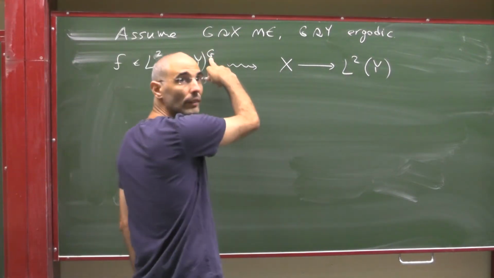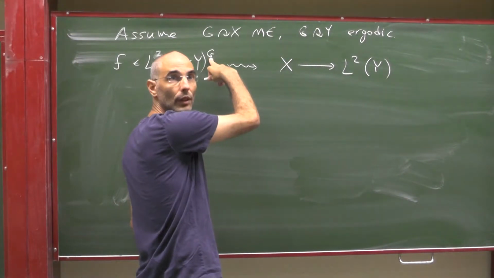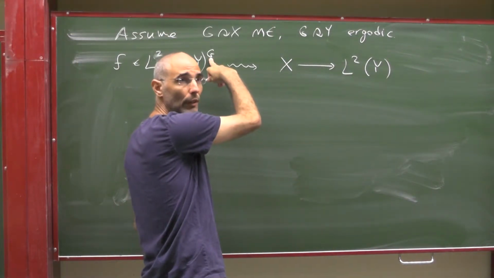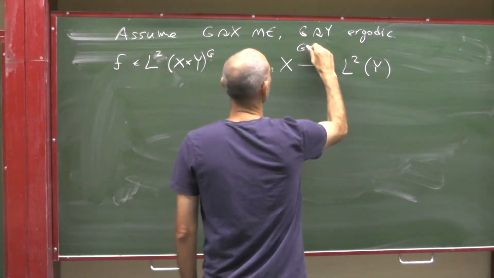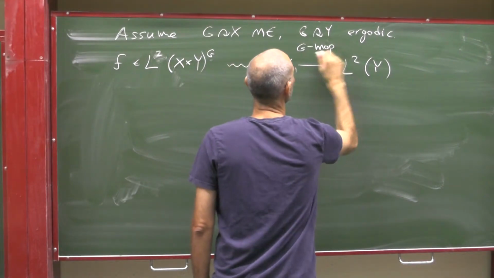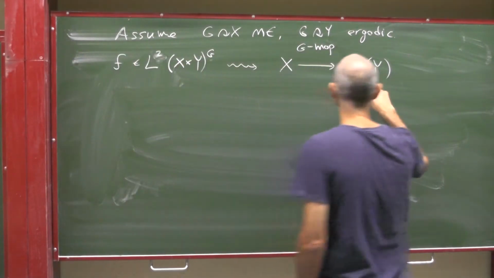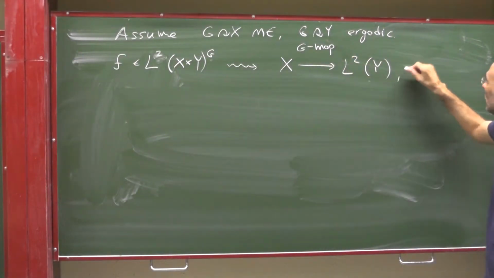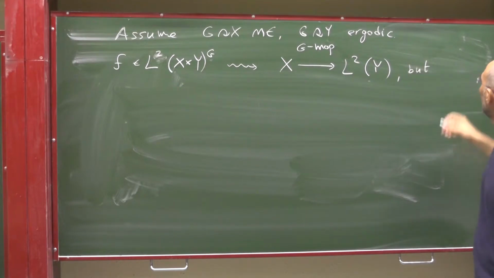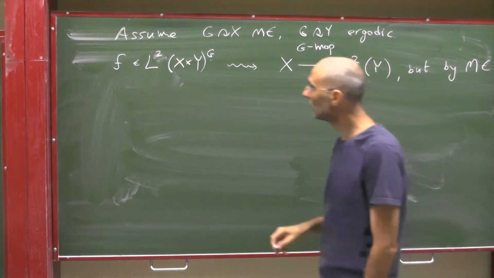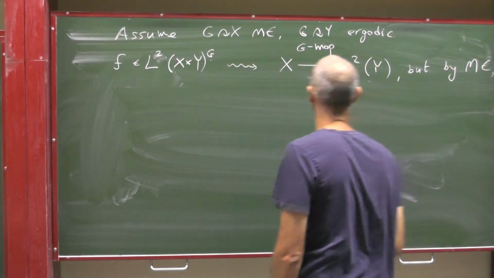The G invariance of the function f is the G equivariance of this new map. But this is a metric space. By ME of X, this map is constant.